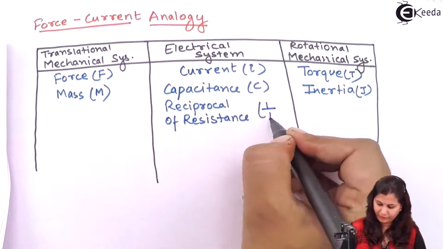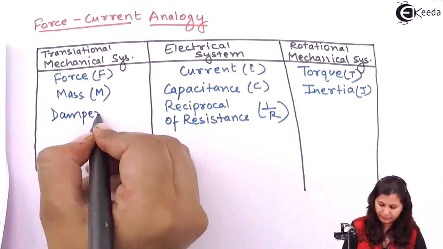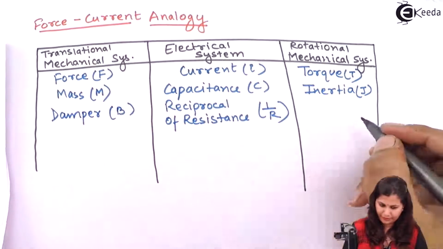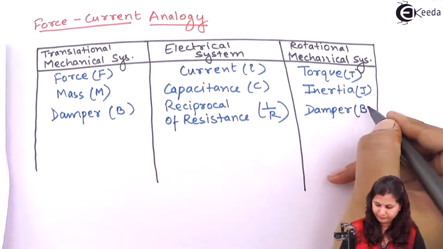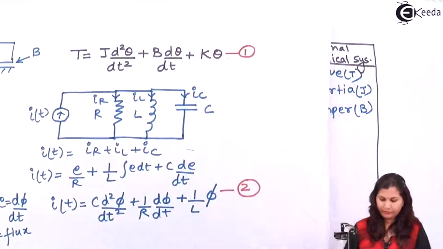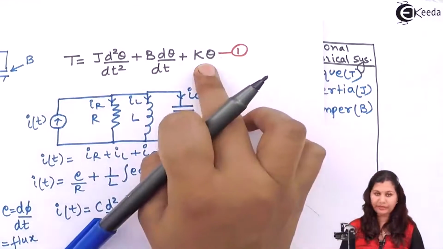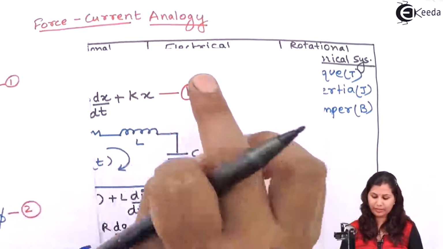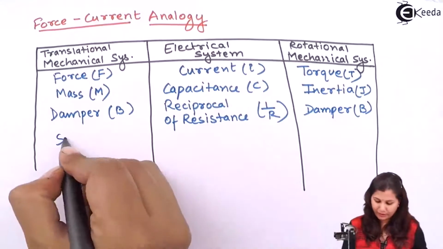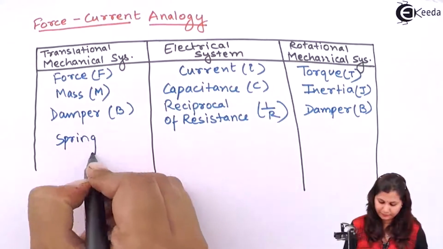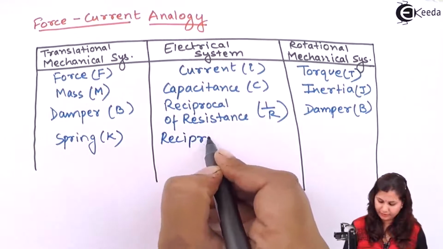So we will have 1 by R here, damper B here, and here also damper B. Now we have the reciprocal of inductance, which will be equal to the spring constant. So spring constant K will be equivalent to the reciprocal of inductance.